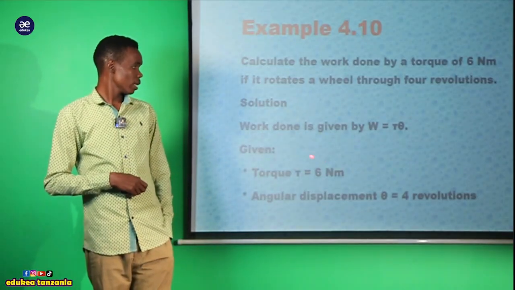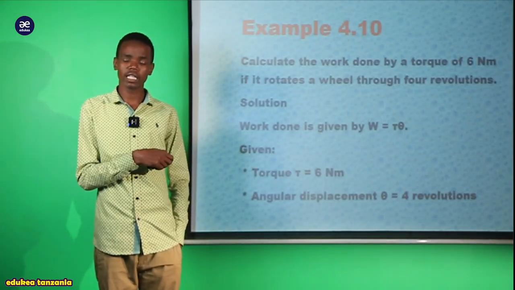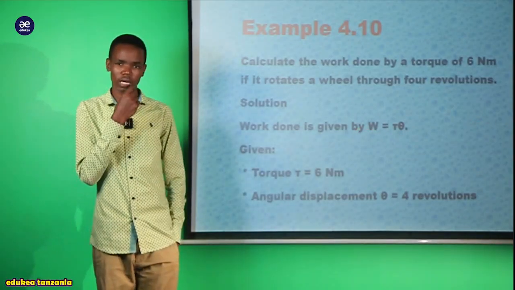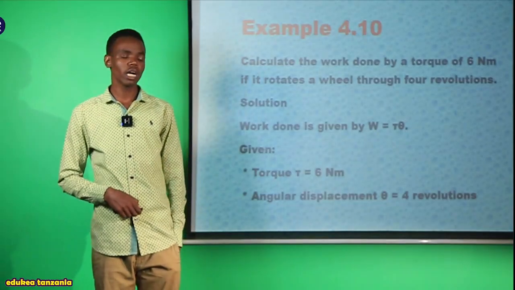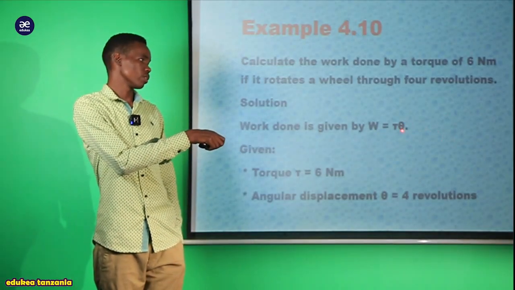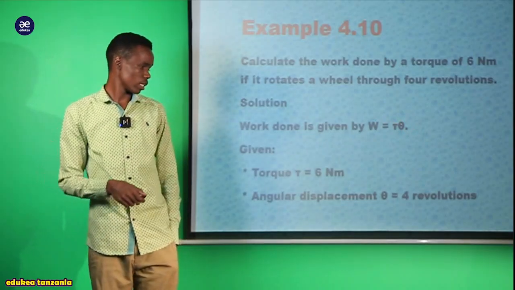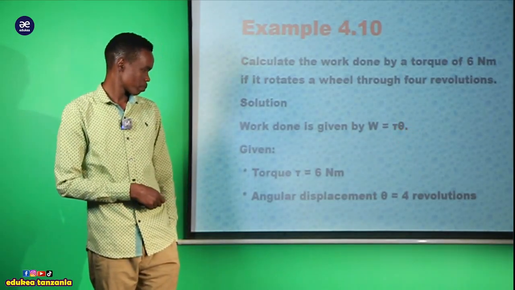So now let us say that if we omit Fr and substitute it with torque, we could say work done must be equal to torque times theta, as we see this theta represents the angular displacement.